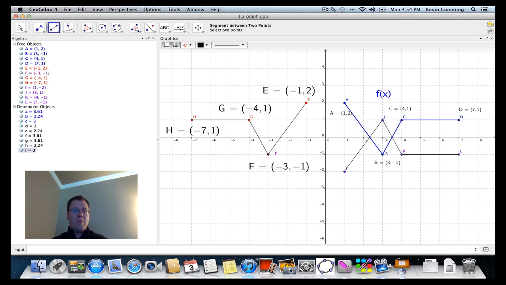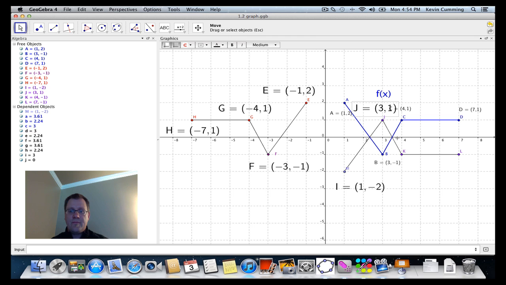But what's more important to us are these points. Point I, or as it's turned into M, has coordinates of (1, -2). Point J has coordinates (3, 1).